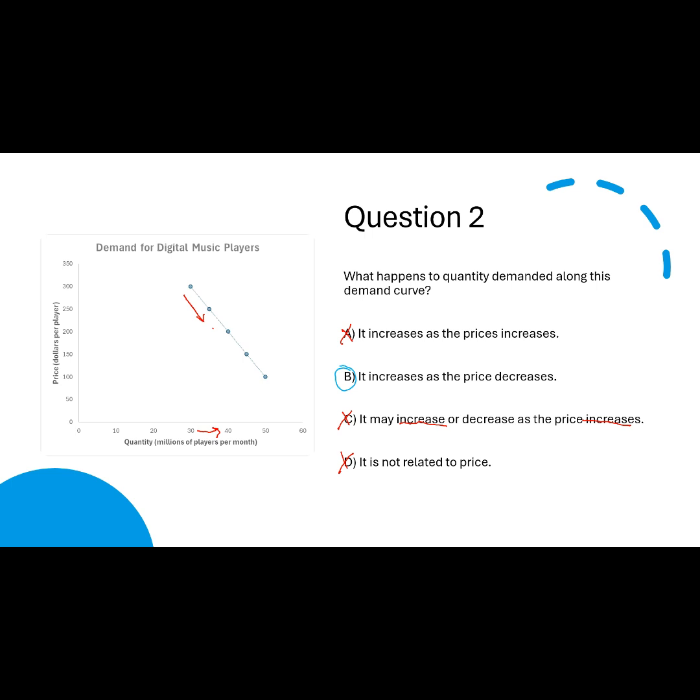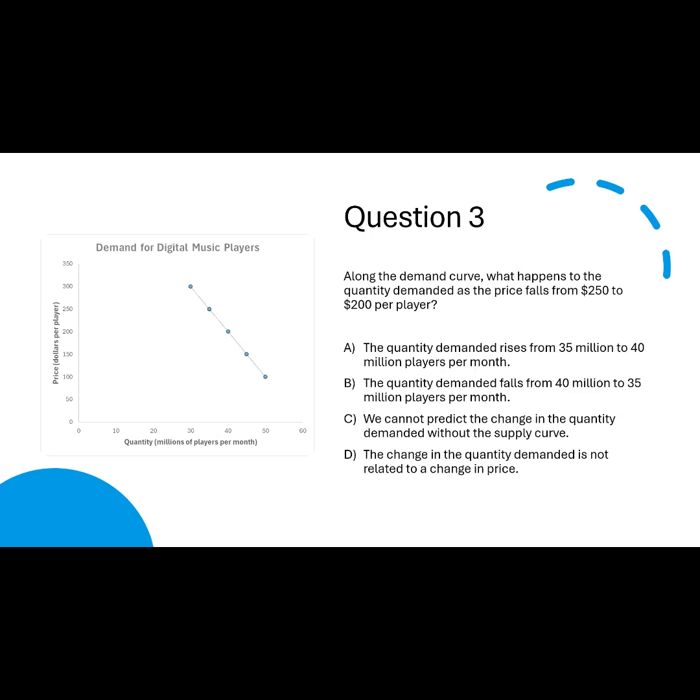All right, and let's go to the last question. Question 3, it says, along the demand curve, what happens to the quantity demanded as the price falls from $250 to $200 per player? And our answers are, A, the quantity demanded rises from 35 million to 40 million players per month.